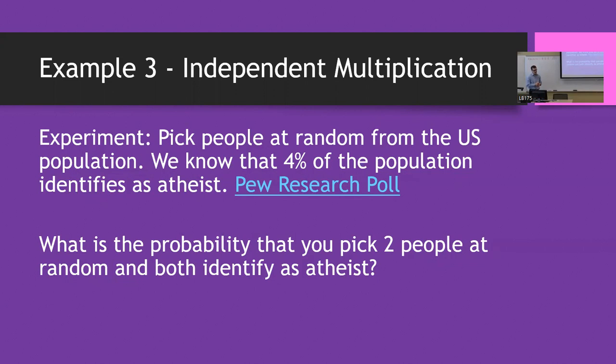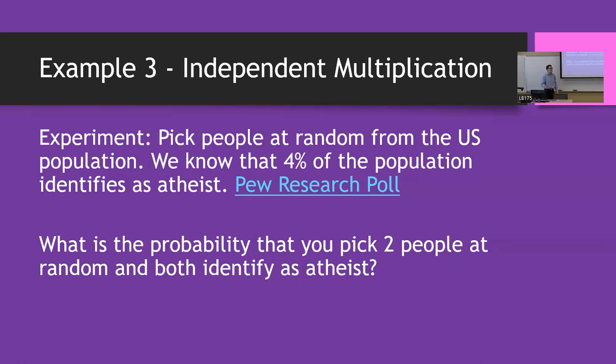According to a Pew Research poll, 4% of the population identifies as atheist in the United States. All right. This was a poll about religious affiliation, I believe. So if 4% identifies as atheist, if you pick one person, the probability that that person is atheist is 4%.